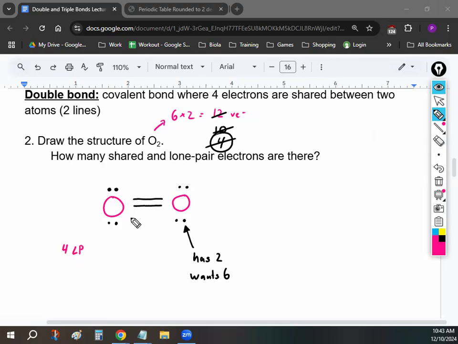Each line is 2 electrons, so 2 lines is 4 shared electrons, which means this oxygen has 8, and the same thing for the other one as well. So that's the situation where you're going to want to use a double bond: when you don't have enough electrons, you force them to share more with one another. That's a double bond.